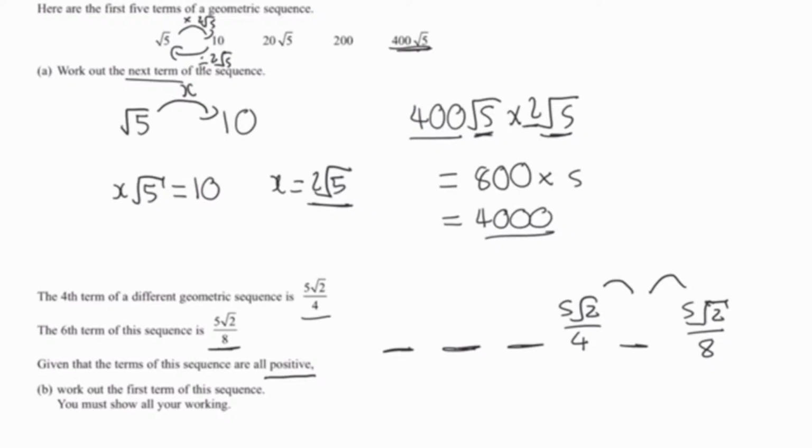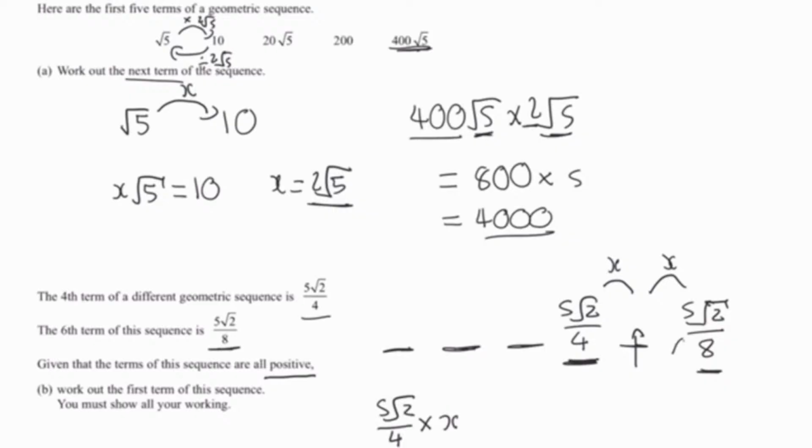So let's label our multiplying factor x again. Then how do we go from this term to this term? First we multiply this by x. So we do 5 root 2 over 4 multiplied by x. Once we do that, we reach this term.